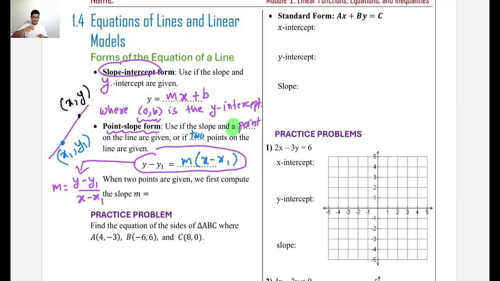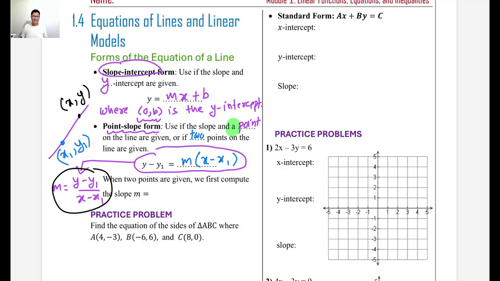That xy, what I wrote in the black ink, is the variable point. You take any other point on the line. Now you can find the slope as y minus y1 divided by x minus x1, right? The definition of slope. And because it is a straight line, that slope should be constant, whose value is m.